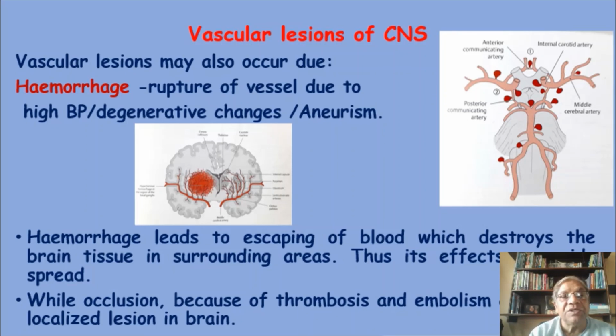So rupture of the vessel, whose important cause is high blood pressure. Then degenerative changes, which we already learned, in the wall of the blood vessel may also cause rupture, though the blood pressure may be normal, or with high blood pressure that rupture will be quicker. And then the third condition is the aneurysm. You can see here in the circle of Willis a lot of cherry-like structures, which are nothing but dilatations of the blood vessels, attached with a pedicle on the side.